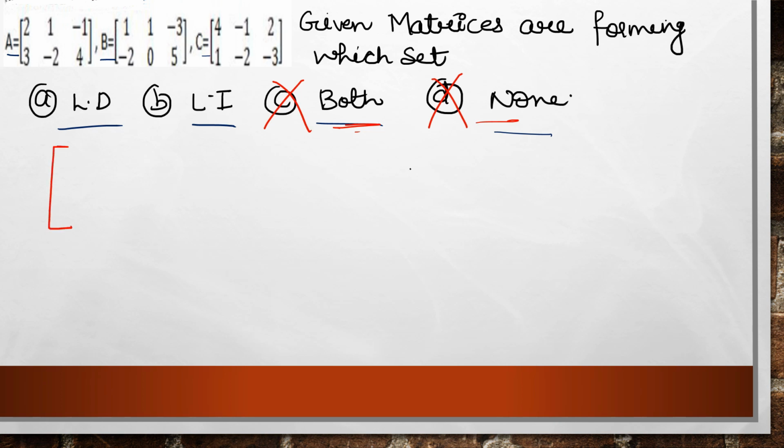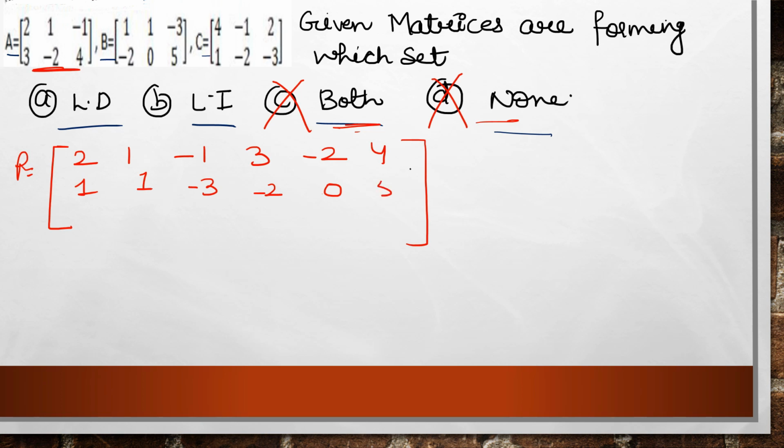From the first matrix, you can prepare this. The first matrix is representing the first row. So I'm generating a new matrix, let's say P. The next row is 1, 1, minus 3, minus 2, 0 and 5. Next is 4, minus 1, 2, 1, minus 2 and minus 3.